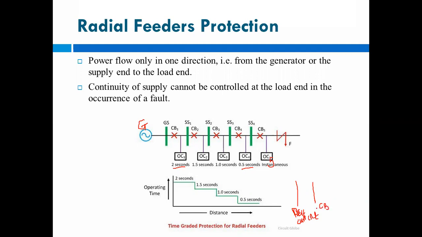When this circuit breaker operates, it will again take some time to extinguish the arc, because when your circuit breaker operates, it opens the contacts, and at that time the arc is produced. So for arc extinguishing, some time will be required.